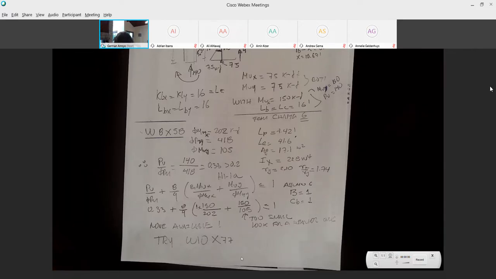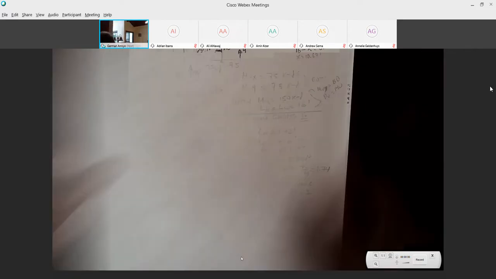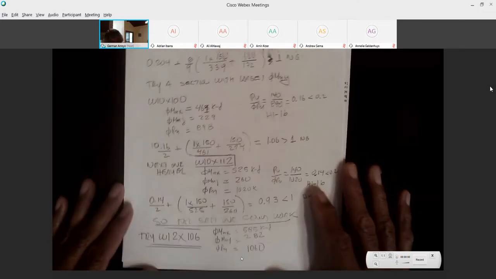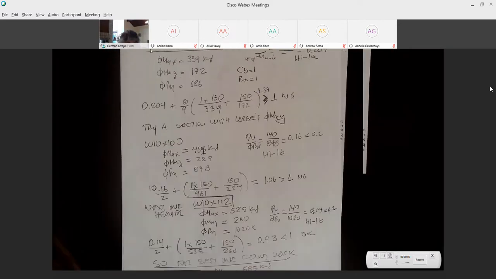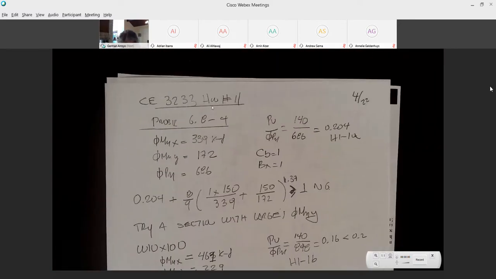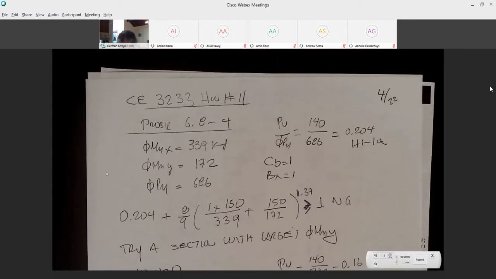So W10 by 77. I obtain all of this from the W10 by 77 from the table: phi Mn x, phi Mn y, and phi Pn.